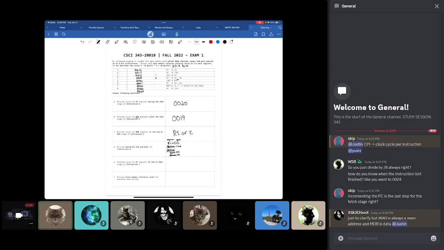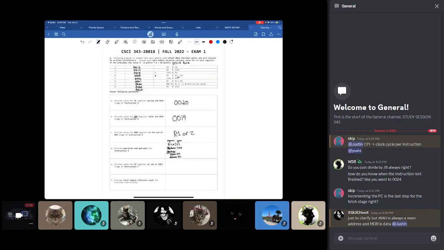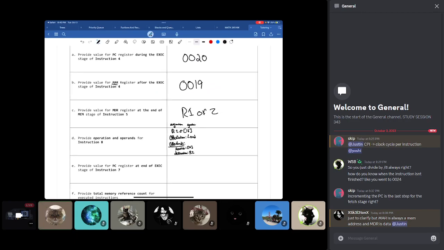Any questions about that? If it was a branch though, I have no idea. Because you would need to have the operation, actually no. Yeah, you would have to have the operation, then you would have the source registers, and then finally you would have the destination register, meaning that if that's true, then you go to that destination, I guess. That's my guess. I have no idea though.